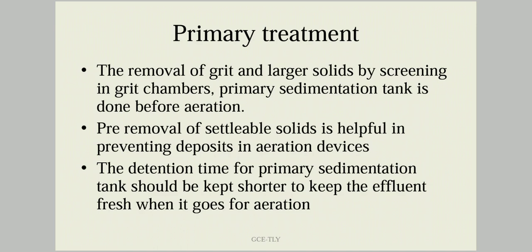Particles having specific gravity larger than 2.65 are removed easily under gravity in the sedimentation process. Removing these settleable solids prevents deposition in aeration devices. Aeration devices are sensitive, so we can't allow any deposition there.